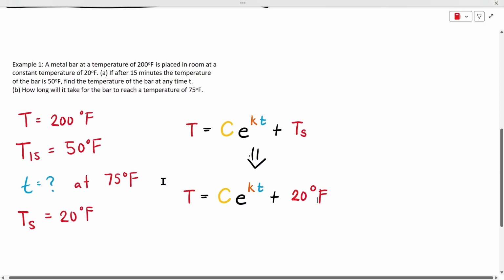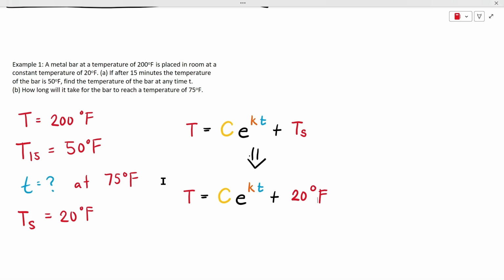Let's find the temperature, the initial temperature, after 15 minutes.